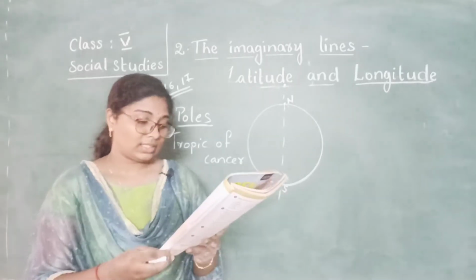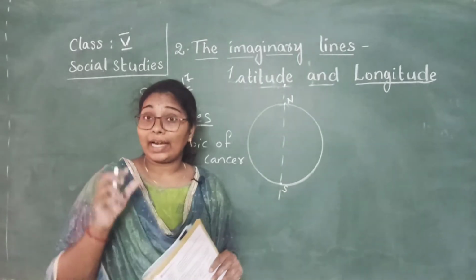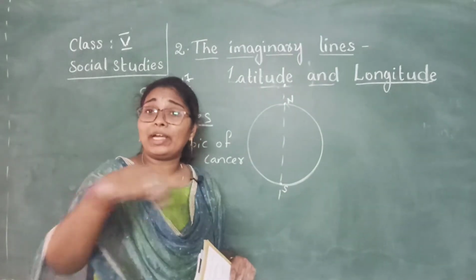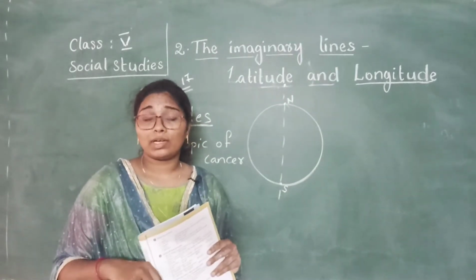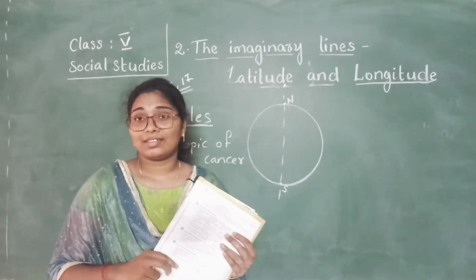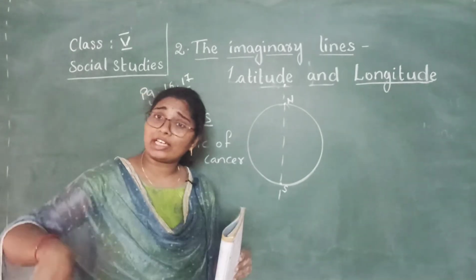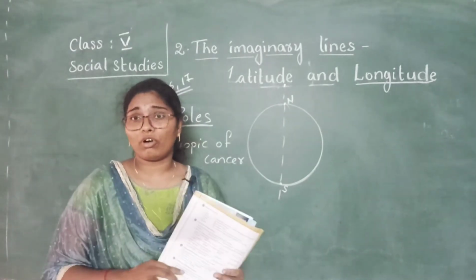Next one. The dash is also called the Great Circle. What is that latitude that runs in the middle of the globe? What is the 0 degree latitude known as? It is Great Circle, right? It is the longest latitude of all the latitudes.